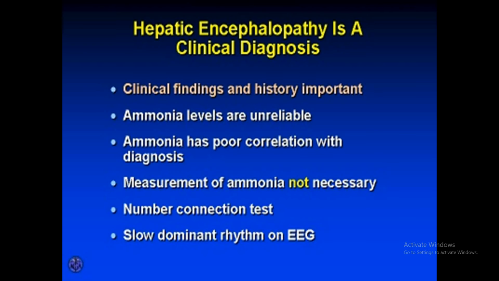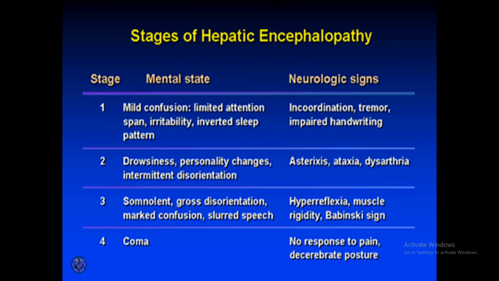As the disease mounts, he becomes delirious, he becomes stuporous, and pre-coma occurs and then coma occurs. These are the stages which are seen in this diagram, which is not for you. The only thing is the drowsiness which is increasing and leading to the coma. You cannot remember all the things.